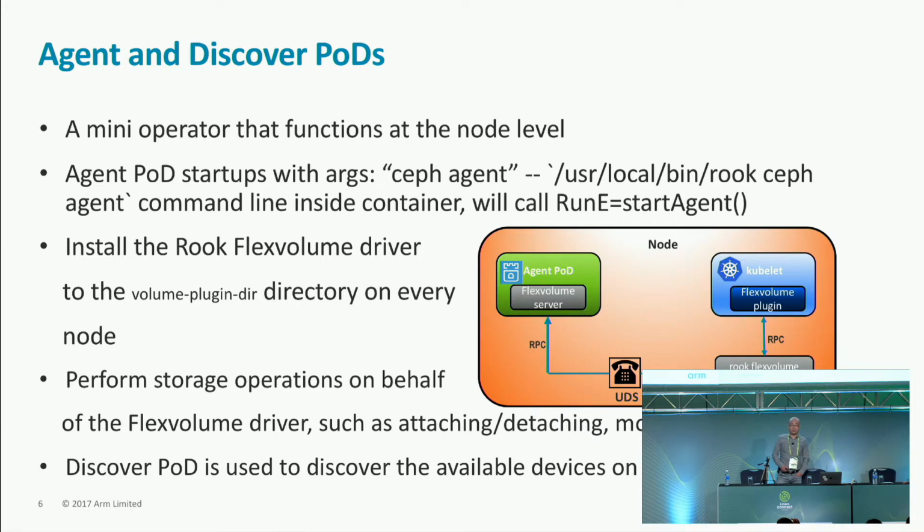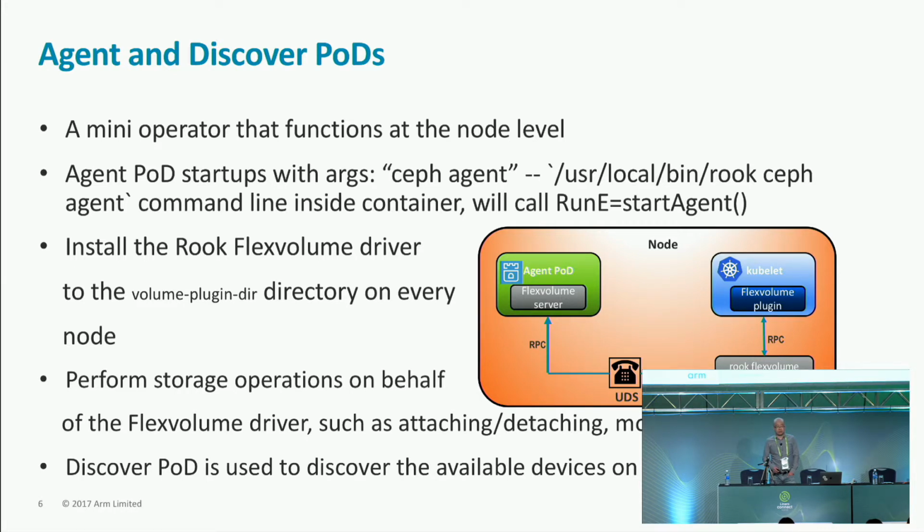Just as I mentioned, the agent pod is created in the form of a daemon set. That means every node will run an agent pod. The agent pod is set up with the argument Ceph agent.